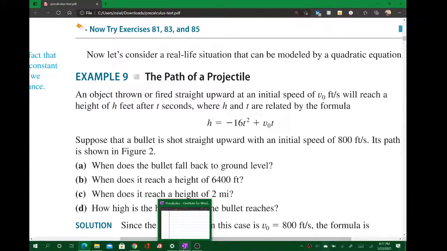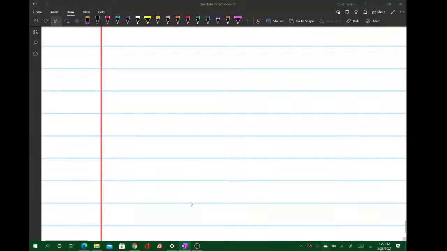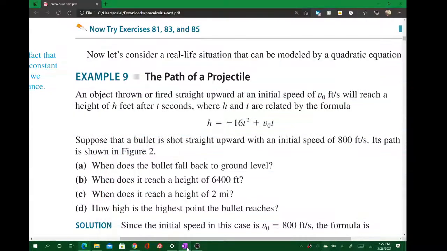So now it says part A, right? We have h equals negative 16t squared plus v0 t.